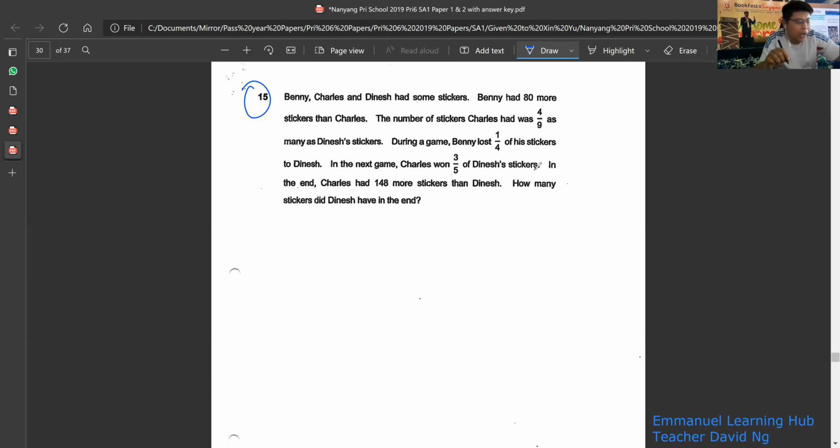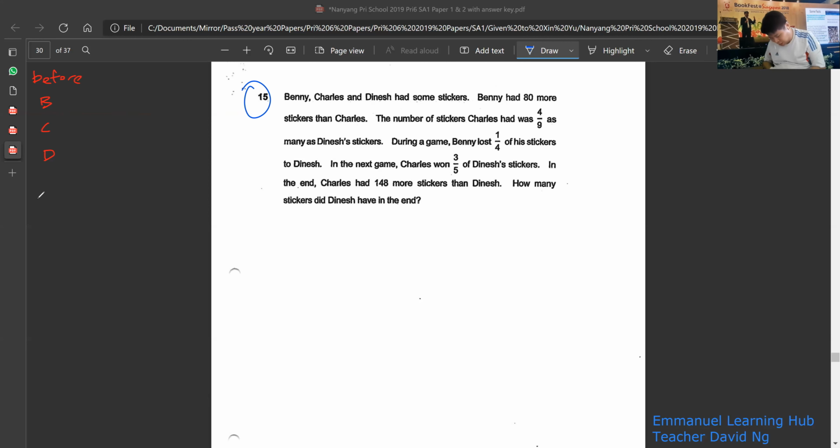How do I know this question needs a model?